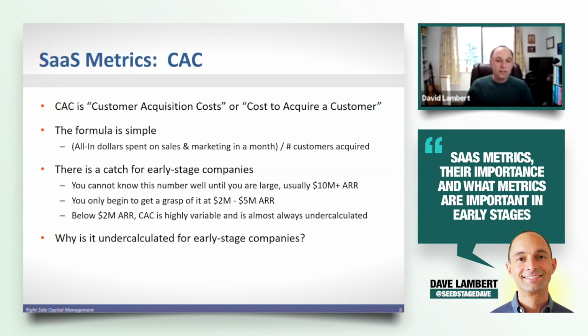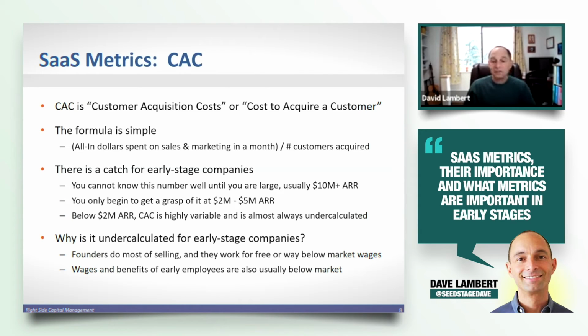But here's the most important thing to understand: the dominant contributing factor to CAC is payroll expenses for sales and marketing. And what's happening early on in your business? Well, early on, founders do most of their selling, and founders often work for free. And if not, they're working for way below market wages. And it's not just the founders doing that. The wages and the benefits of all your early employees are almost always below market. So let's say I've calculated my CAC for my product and I've determined that my CAC is $4,000, and I'm at 30K MRR.